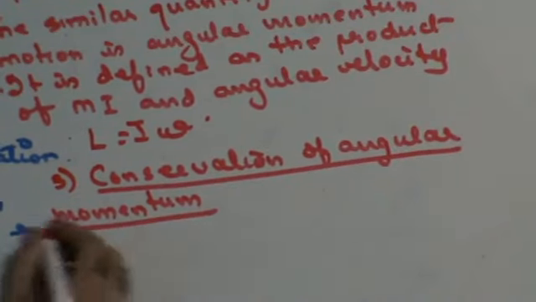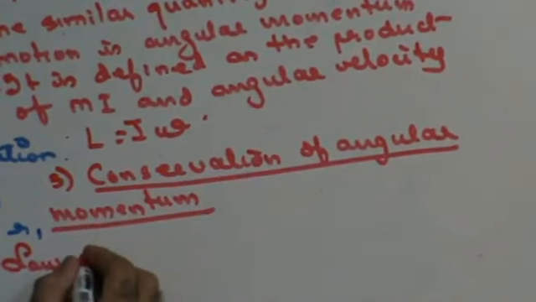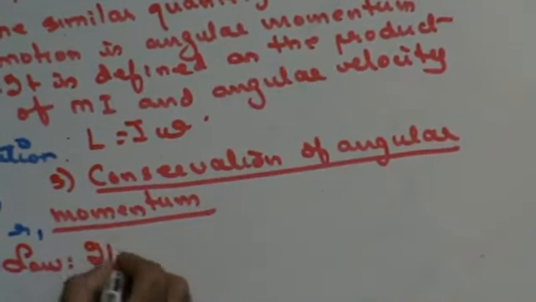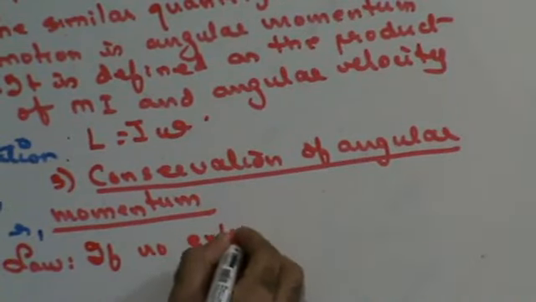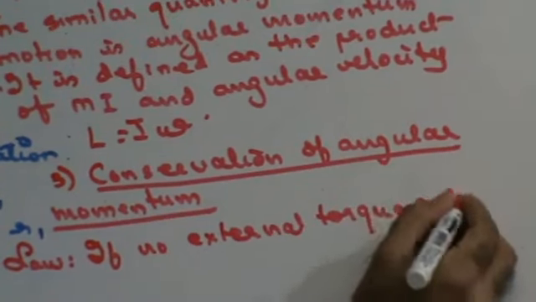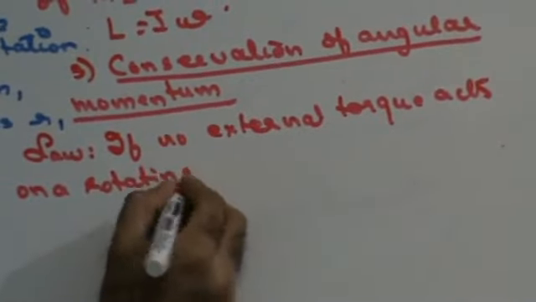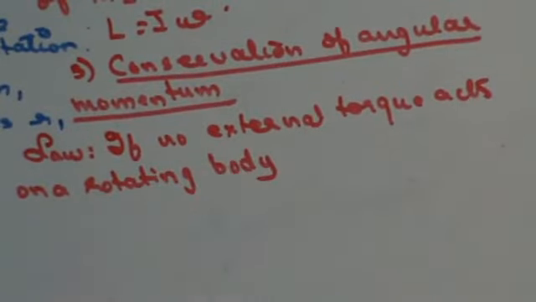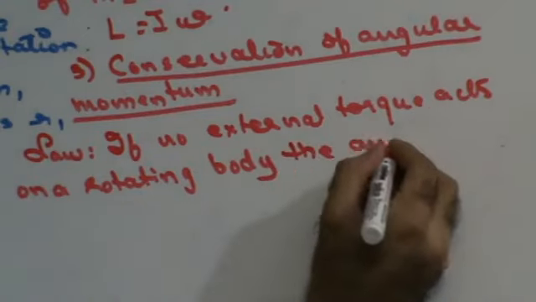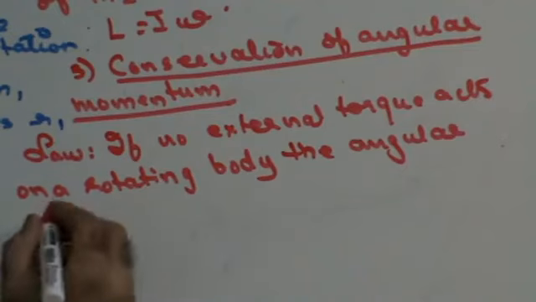Now, in that case, the law states, if no external torque acts on a rotating body, the angular momentum of the body remains constant.